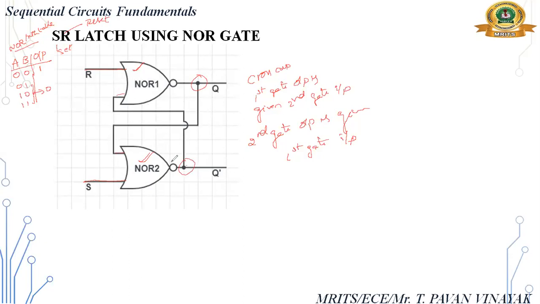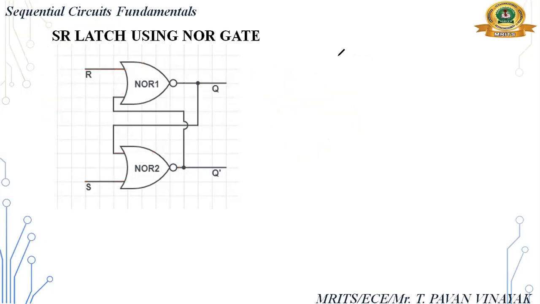Observe, this is the SR latch using NOR gates. And this is the truth table of a NOR gate: for inputs A and B, only when both inputs are 0 is the output 1. In all remaining conditions, the output is 0.